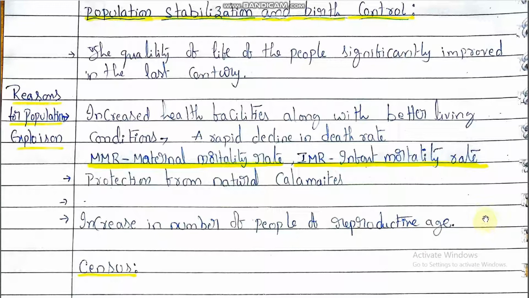When reproductive age people are more in a population, obviously the population increases because they are producing the next generations, right. Up to this, clear, right?